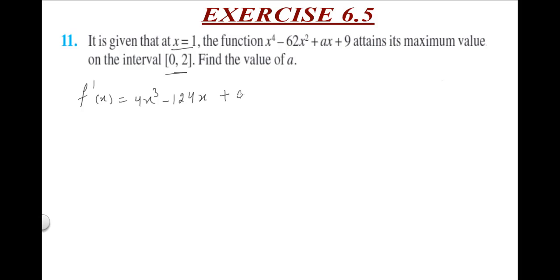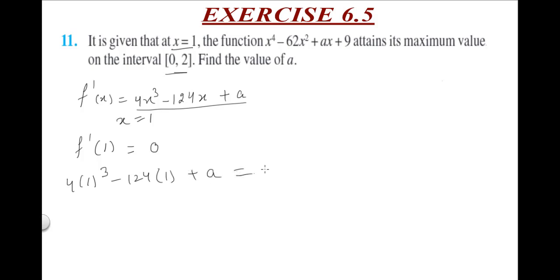Now it is given that at x equals 1 the function attains its maximum value. That means the differentiation of the function at point 1 will be equal to 0. This is how we calculate the critical point, right? Now f dash 1, so we will just put 1 in it. 4 into 1 cube minus 124 into 1 plus a equals 0.